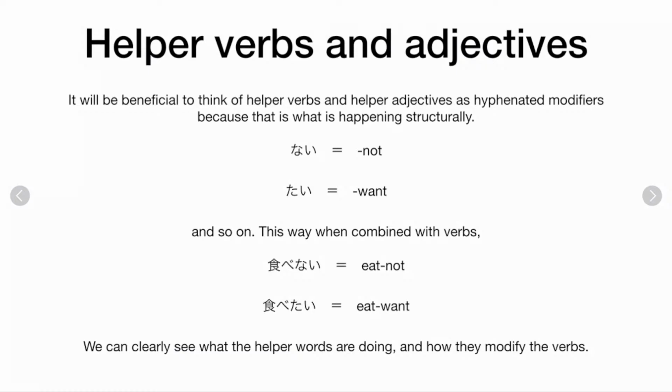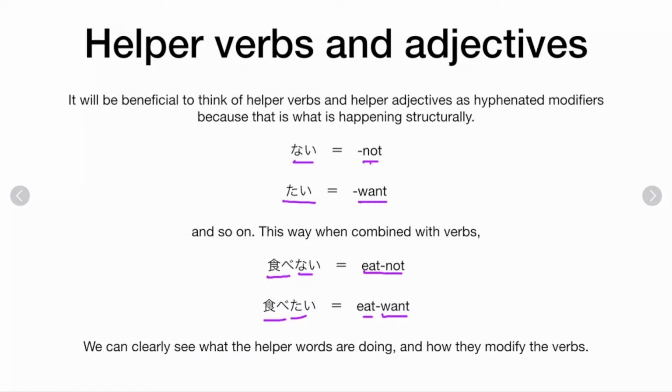Since we mentioned helper verbs, let's look at a few of them. So nai is not, it's a helper adjective. Tai is another helper adjective. It means want. So tabe, your stem, plus nai is eat not, and tabe tai is eat want.